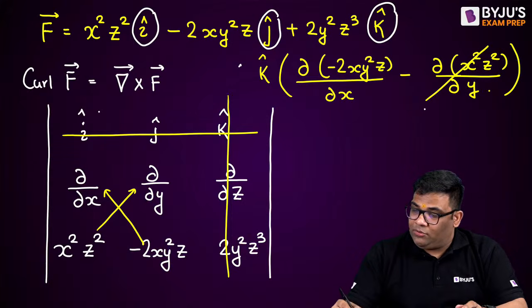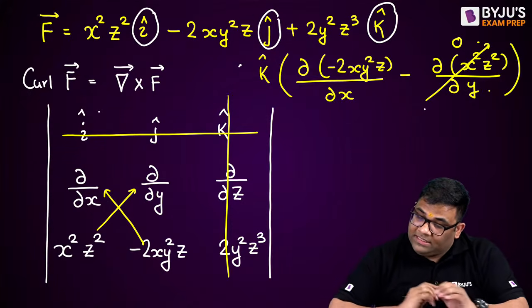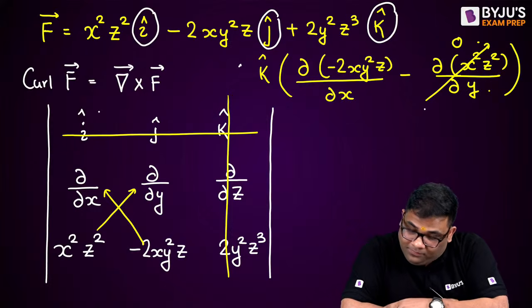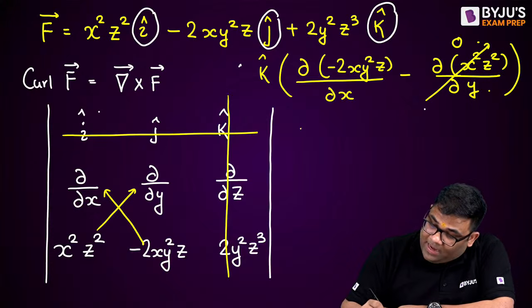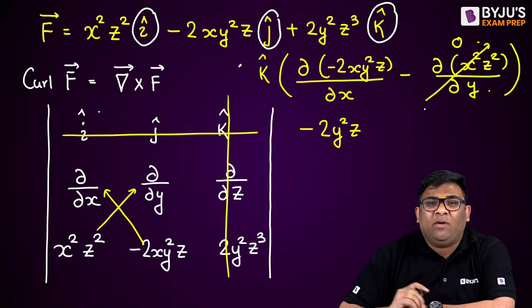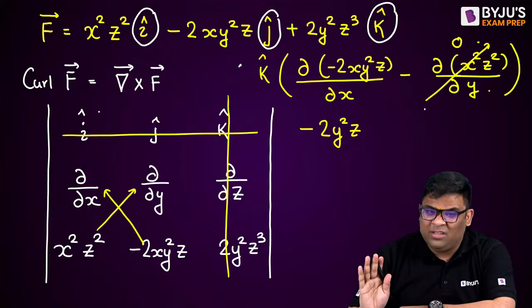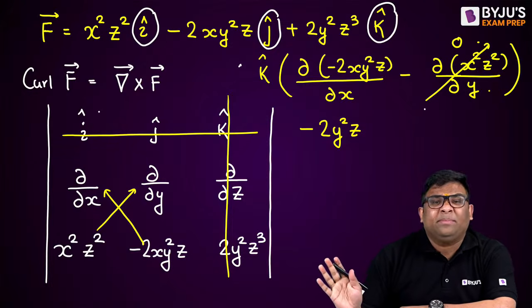See, this term will be 0, because there is no y term, so the partial difference will be 0. Now consider this term. The differentiation will be minus 2y square z, yes? Differentiated with respect to x. Understood? So minus 2y square z I am getting. Yes, that is the answer.